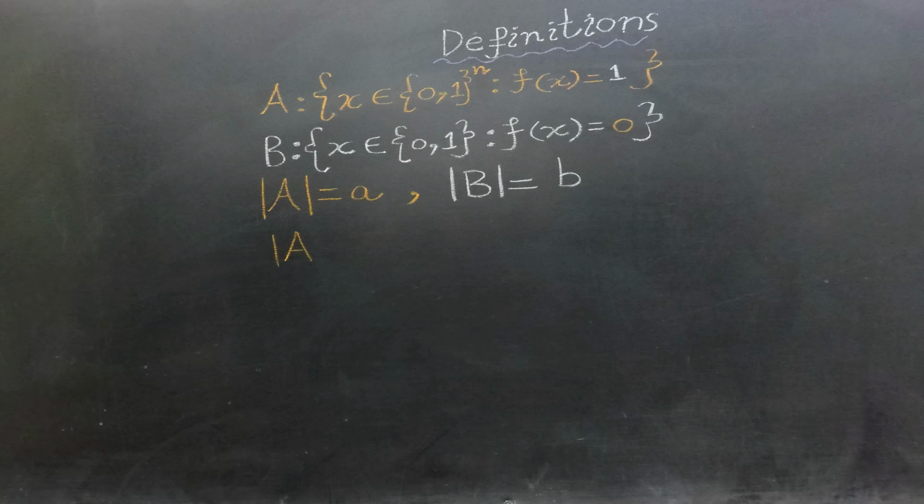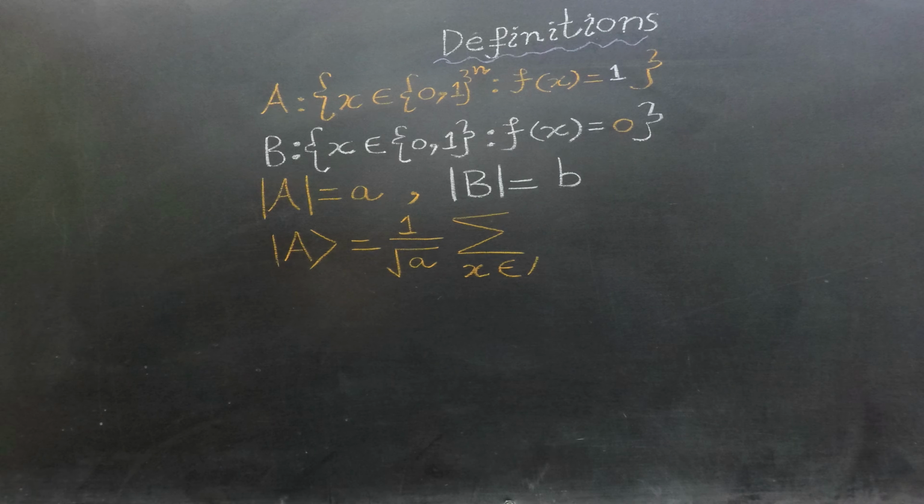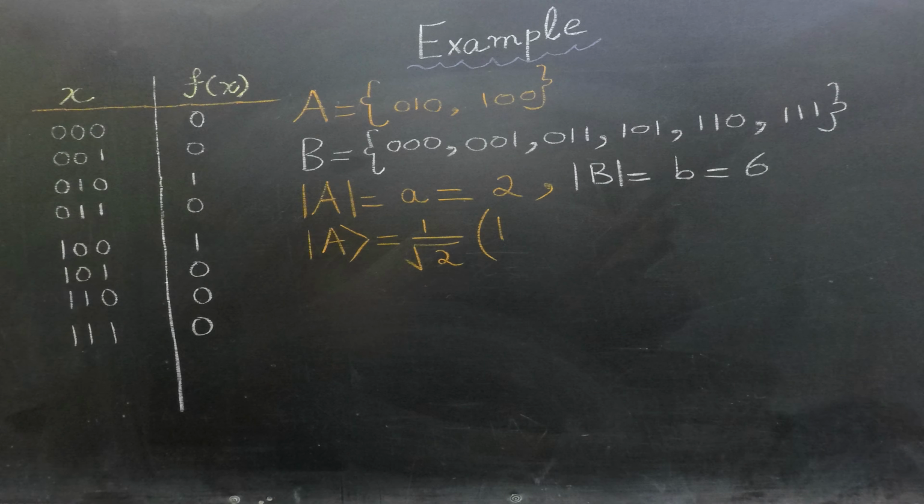We define ket A as an equal superposition of all the inputs of set A. As the cardinality of set A is small a, therefore amplitude of each input in ket A will be 1 over square root of small a. In our example, the amplitude of each input in ket A will be 1 over square root of 2.